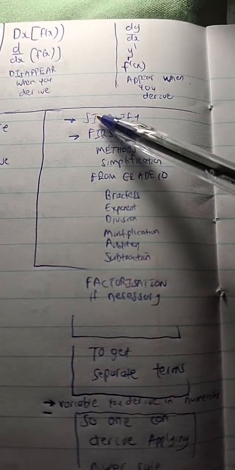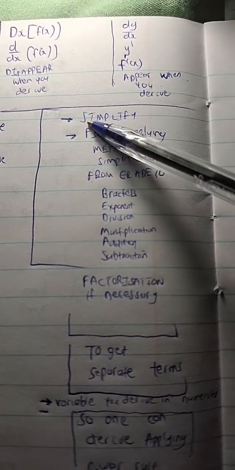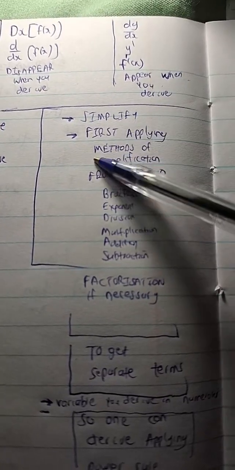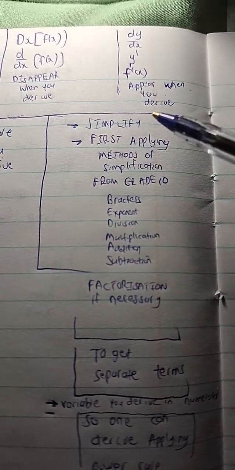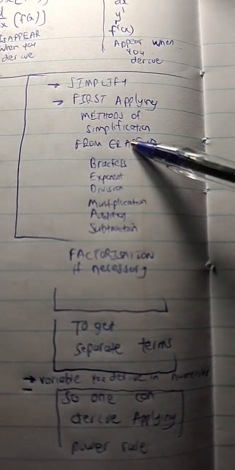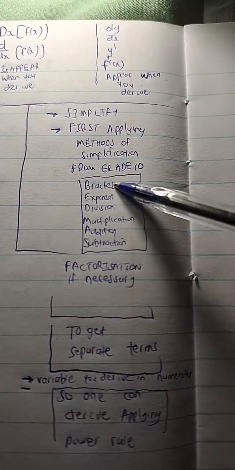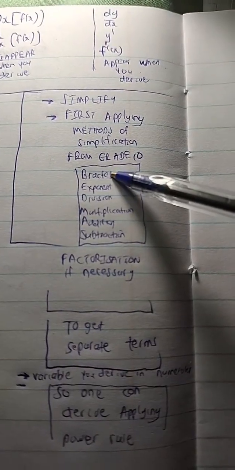For one, you need to take that particular expression before you even derive, and simplify it. How? There are certain methods of simplification that you learned in earlier grades, and among the most important is being able to take note of BODMAS, or BADMAS as they call it.